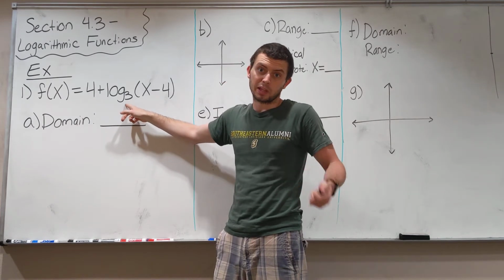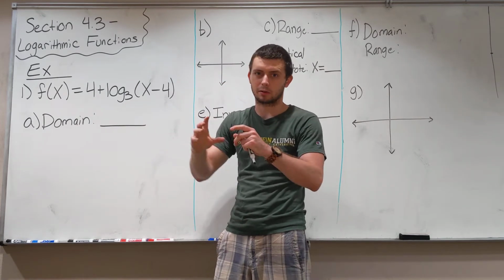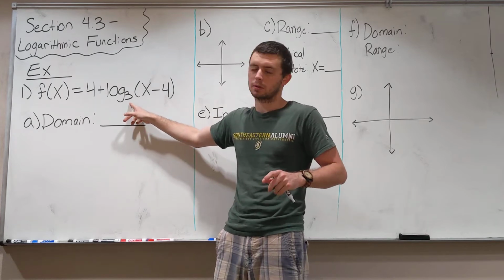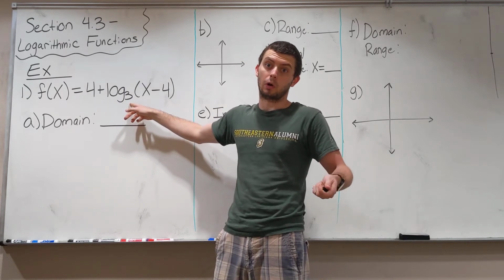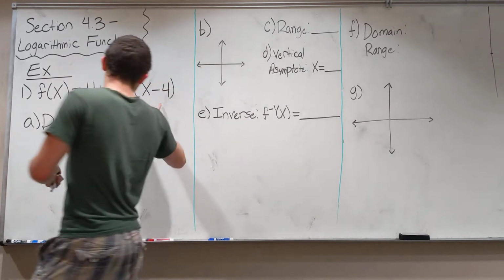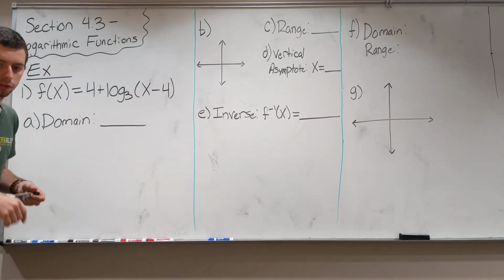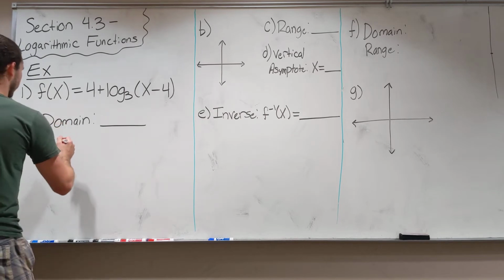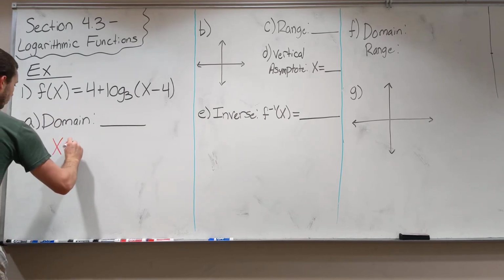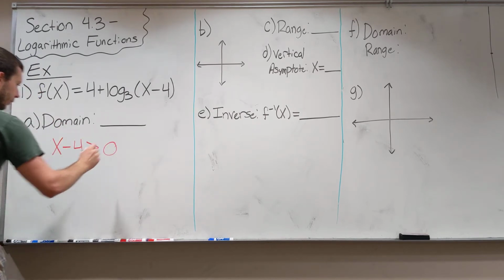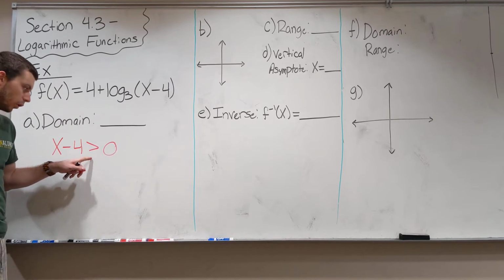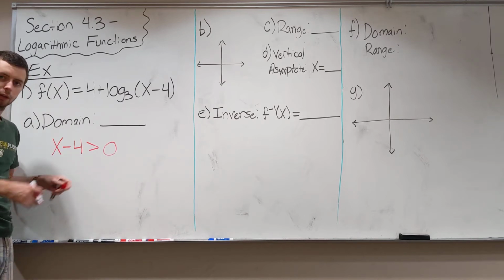The 3 is the base of the log. Again, the log is not evaluating 3. The 3 is the base of the log though. So instead, the only stuff that the logarithm is evaluating is the x minus 4. So the x minus 4 is what we set strictly greater than 0. And for logarithms, it's always strict greater than.